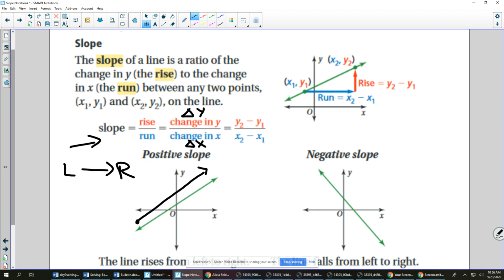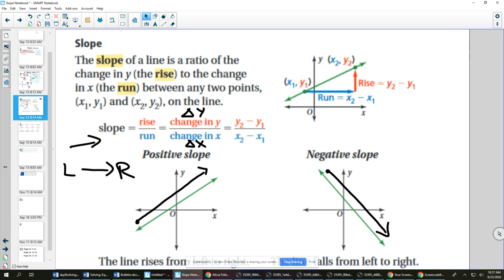But if you're starting from the left and you're starting kind of up here and you're going down, then your slope is going to be negative. So I like to say you always read that just like you would read a book, a paper, words, left to right. Is it rising or is it falling? That's going to help you with that positive and negative.